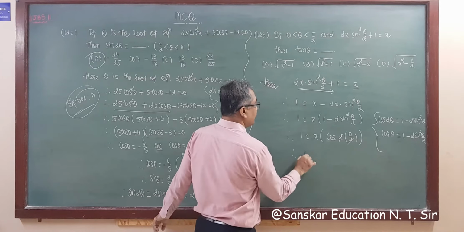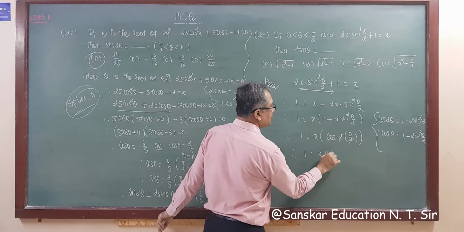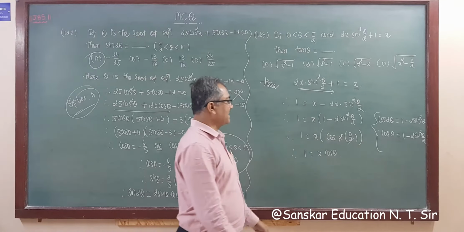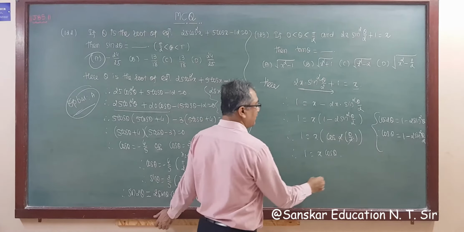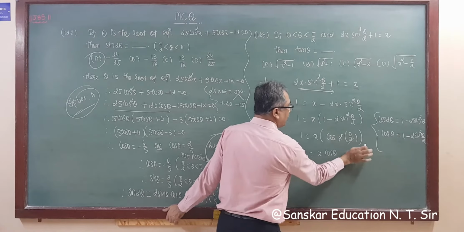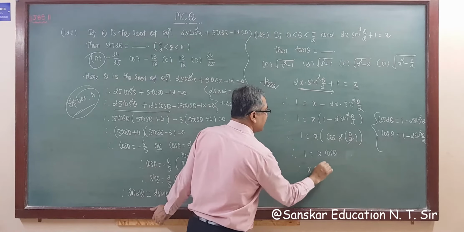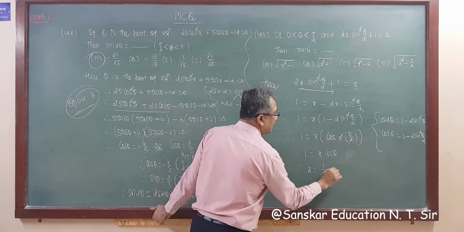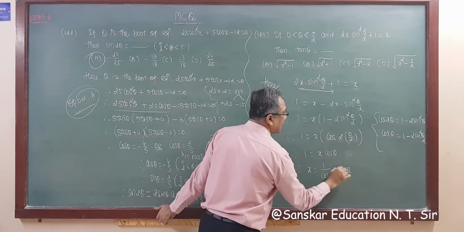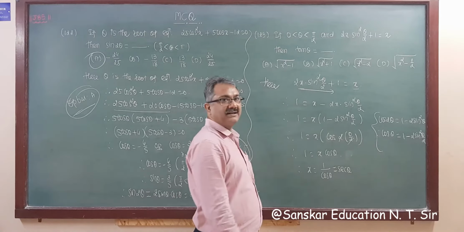So what you get, 1 is equal to x cos theta, that is x is equal to 1 upon cos theta. Therefore we get x is equal to 1 upon cos theta, that is sec theta, right?